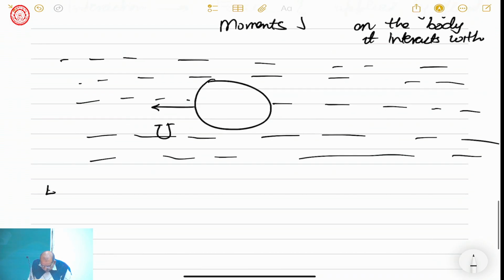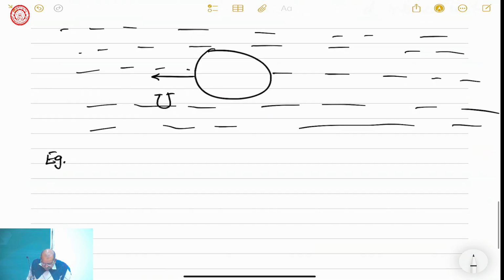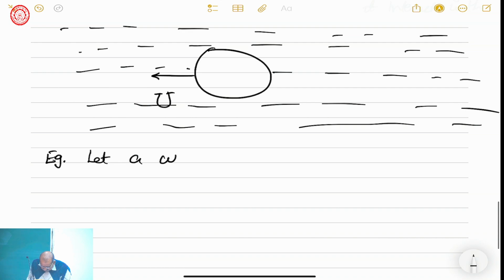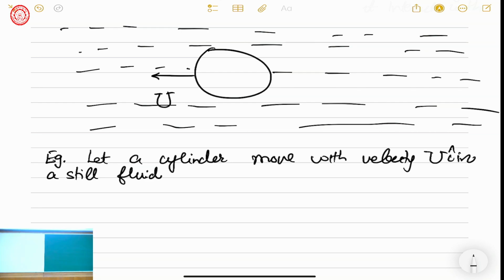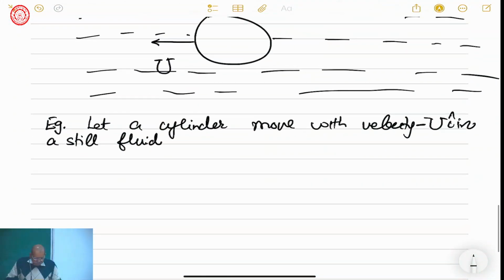As an example, let a cylinder move with a velocity minus u i in a still fluid. Okay.